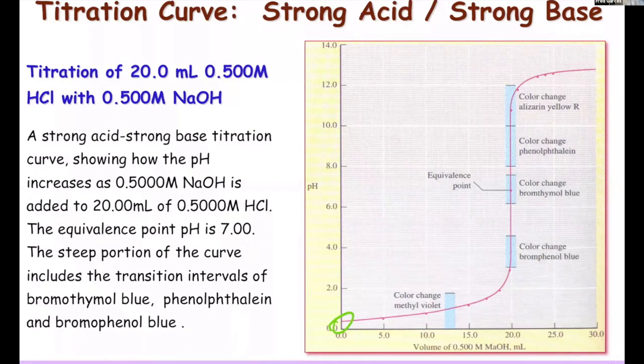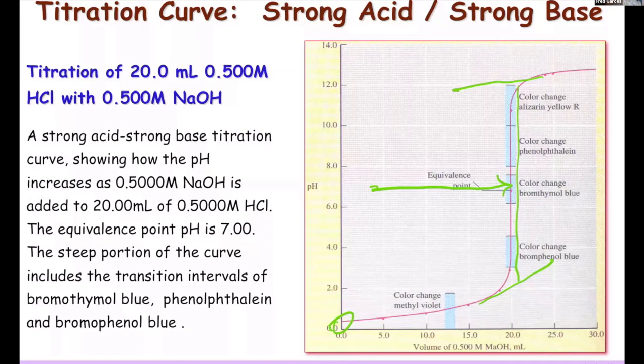Okay. And then the other thing that I notice is that if I take this and I take this and I look at the halfway point, it goes exactly through 7. And the reason why the pH at the equivalence point is 7 is because imagine strong acid, strong base. They annihilate each other. Their conjugate doesn't do anything because by definition, that's what strong acid, strong base does.